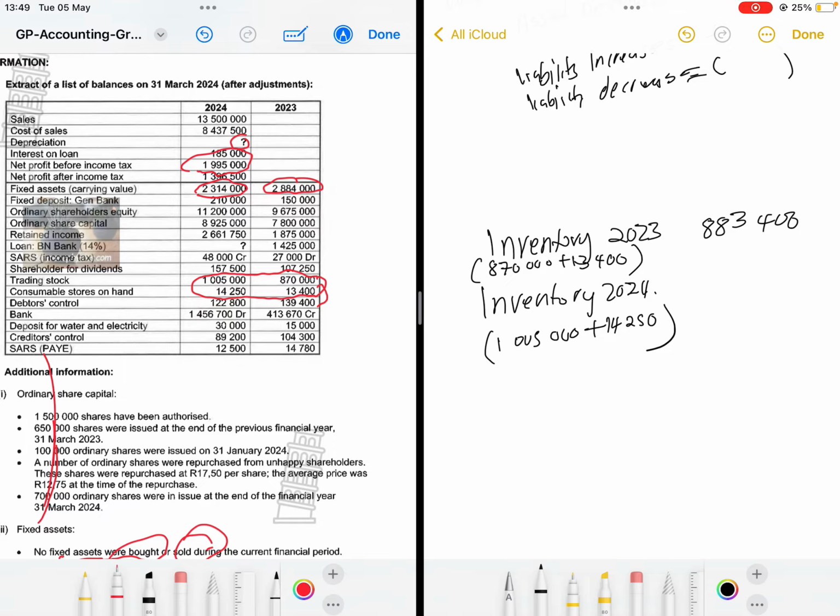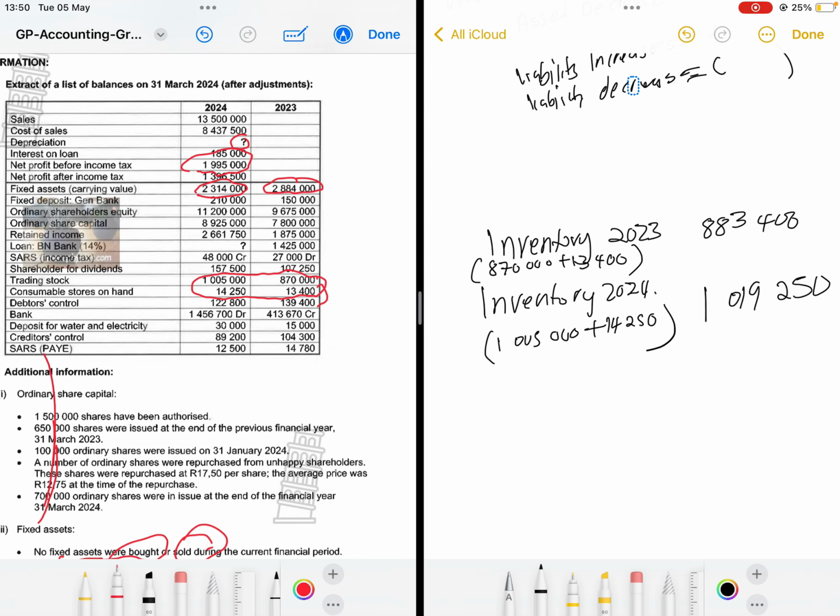If I say 870,000, then I add 13,400, my solution will be 883,400. Now this one, I say 1,005,000. Then I add 14,250. I get 1,019,250. What does this mean?